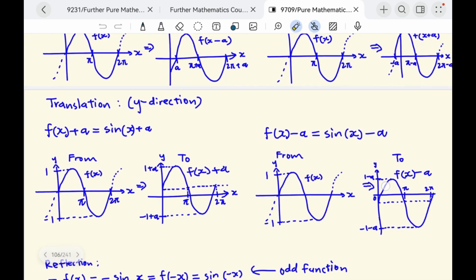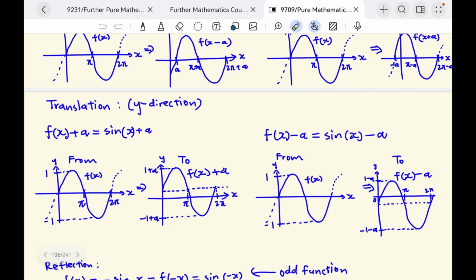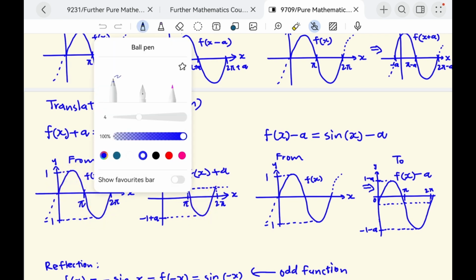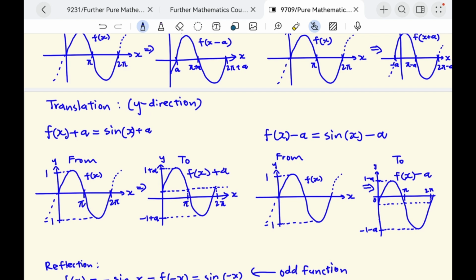So for the translation in the y direction, if you add a or minus a, add a means sine x plus a. It turns out the sinusoidal curve moves upwards by a units, where this coordinate is a.